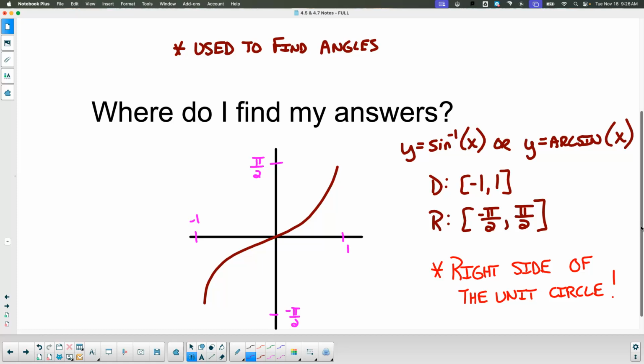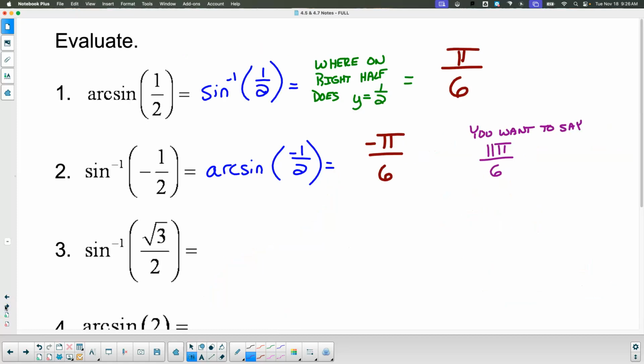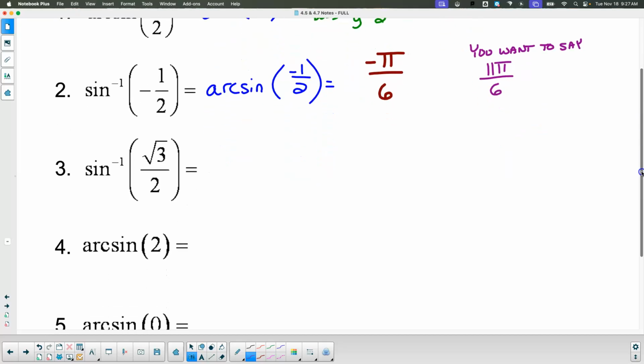So I have to adjust it, and instead of 11 pi over 6, we say -pi over 6. Okay? You try now these next 4.